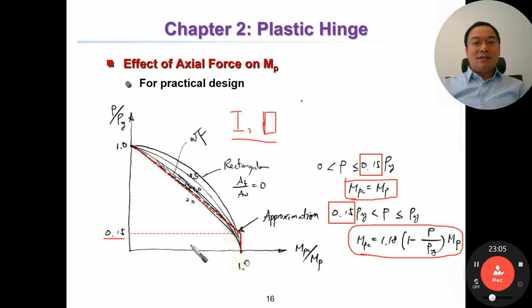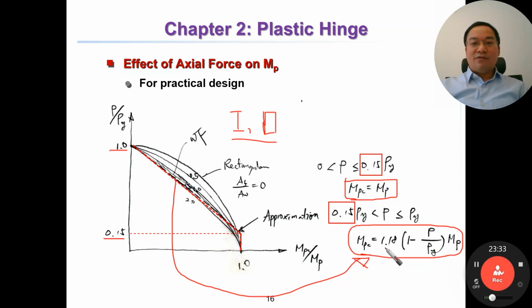But if the ratio of P over PY is greater than 0.15, and of course it should be smaller than 1, then this linear relationship is used. And it means this equation.